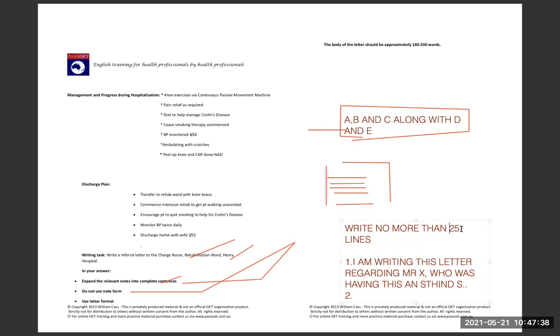Why do they say you have to write 25 lines? They exactly want to say this: write relevant notes into complete sentences and use letter format. These are the two conditions. What they want to say is that you should use connectors, like: I am writing this letter regarding this person who.